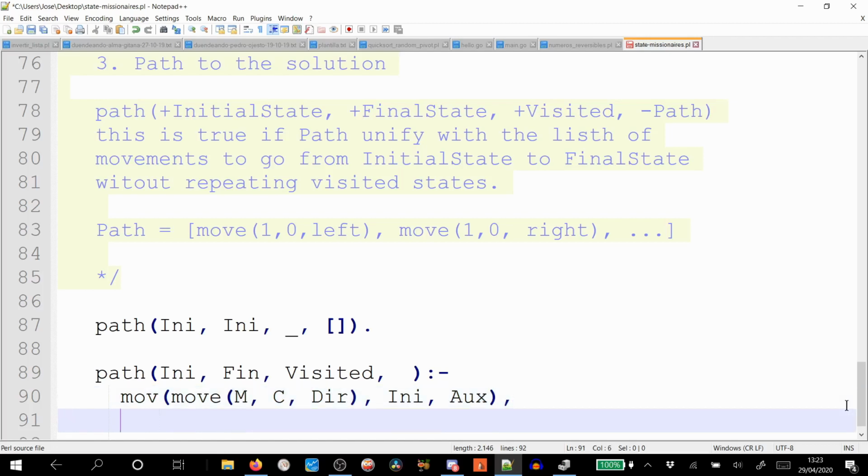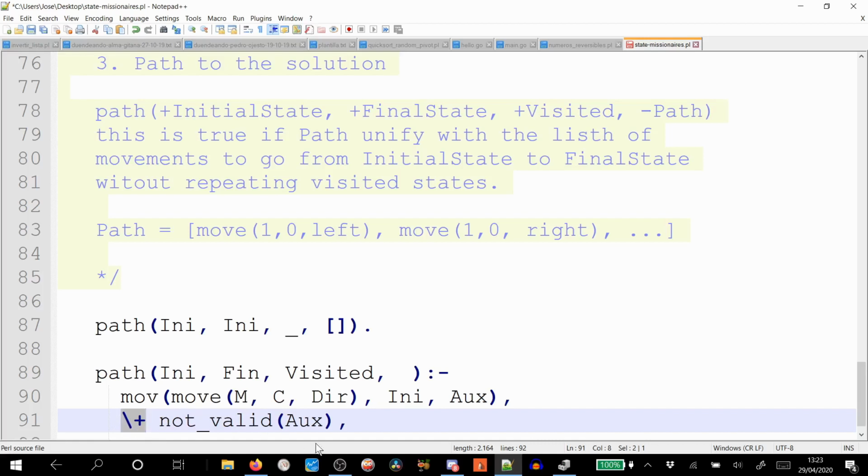What do we have to do after that? We have to check if this new state is a valid state. In this case, we say not valid aux. This is the negation, so that means it's not valid.